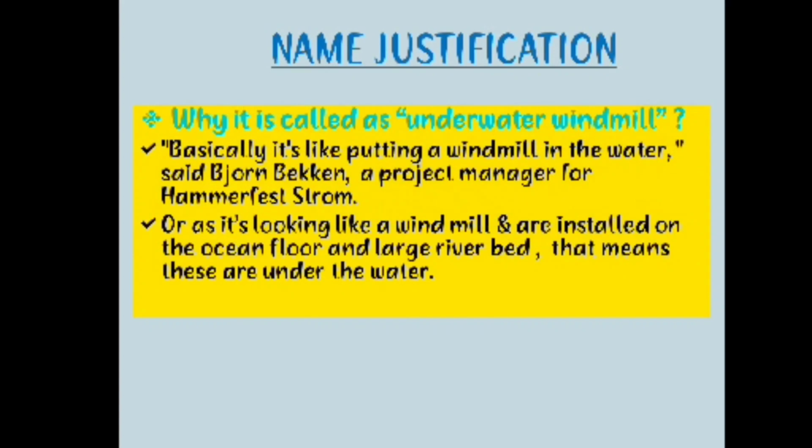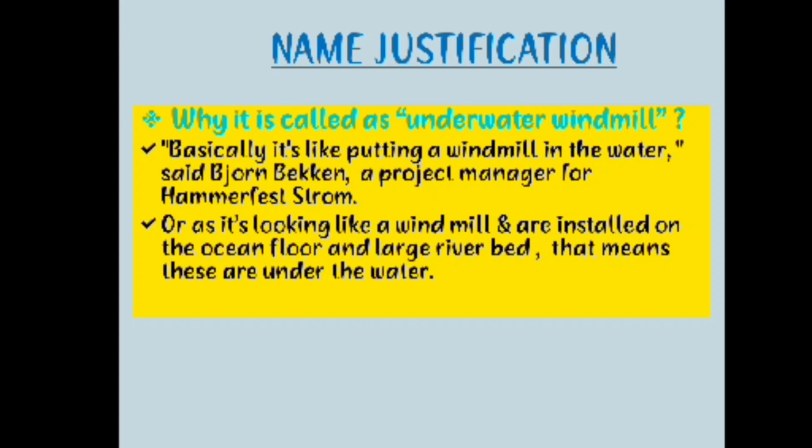Coming to the name justification of windmill, basically this windmill is kept under the water. This was said by the project manager of Hammerfest Strøm, as it looks like a windmill and is installed under the ocean bed or under the floor of the ocean, like a river bed, that means under the water.